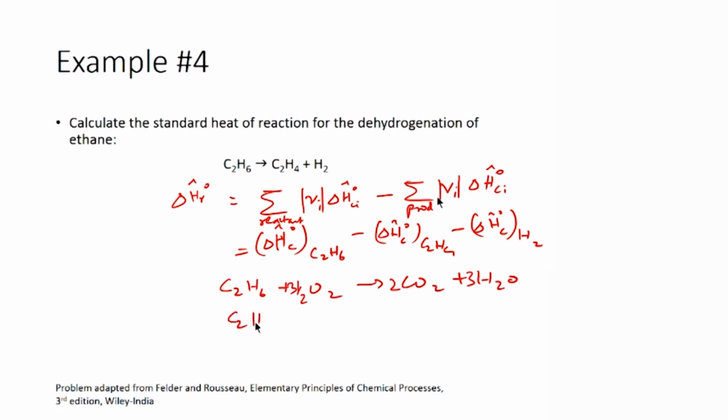And you have C2H4 plus oxygen forming 2 CO2 plus 2 H2O being formed. So, 4 plus 2, 6. So, you will have 3 molecules of oxygen reacting for this, and finally, you would have hydrogen plus half O2 reacting to form H2O. Now let us call these equations 1, 2 and 3.